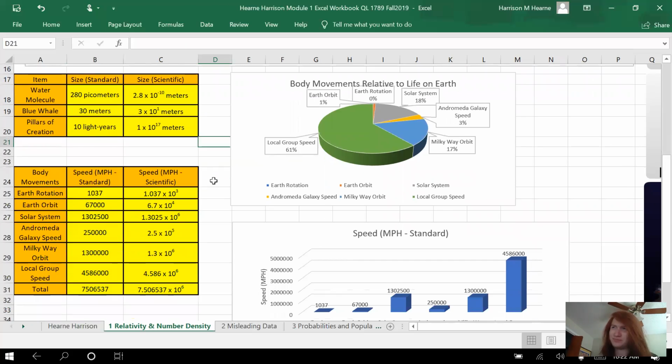Then after that, we got more into comparing the relativistic nature of speed, specifically with different astronomical bodies, to try to figure out how fast we're really moving at one time. For instance, right now, from my perspective, I'm not moving at all.